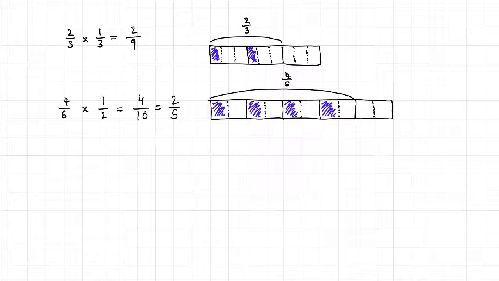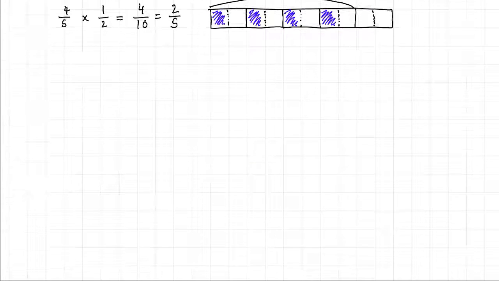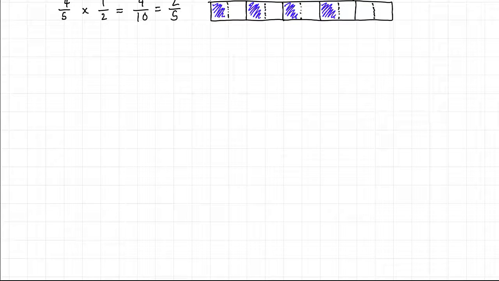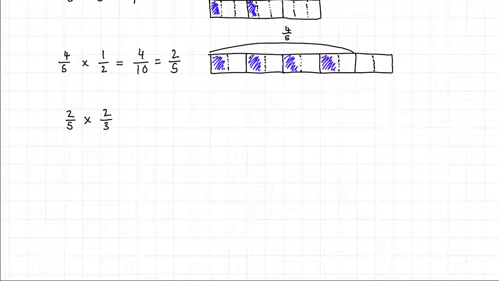Okay, now let's try another one. Let's take 2/5 and we're going to multiply that to 2/3. Okay, now this is where it's really important to use this method here. Okay, and you'll see why.